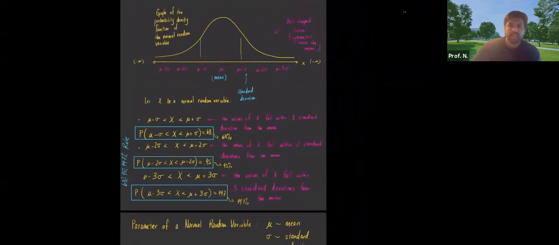So let me just ask, is anybody familiar with this? Have people seen this before? The Gaussian in physics? Really? Where exactly in physics, Alexandra? IQ distribution?